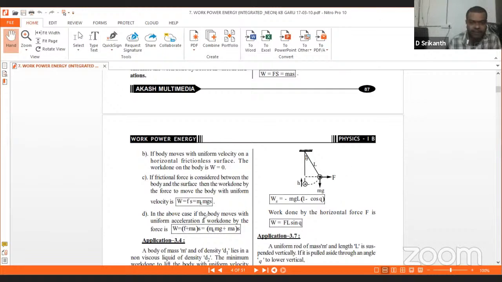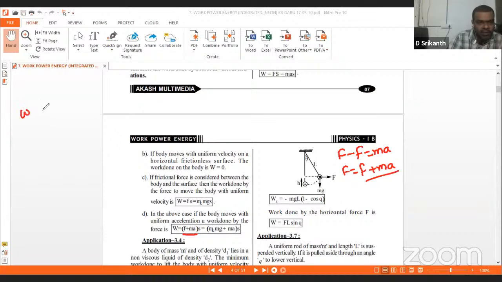So the total force, we can write as F minus Fk is equal to ma, whenever the body is having an acceleration on a rough horizontal surface. So applied force, I can write it as frictional force plus ma. Work done is F into s, that is nothing but work done is equal to mu k mg plus ma times displacement.